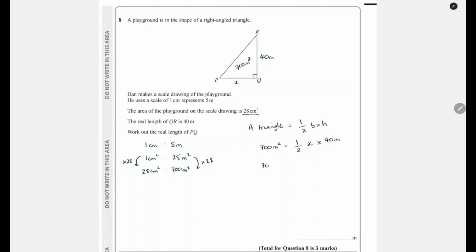So that's 700 is equal to 40 over 2 multiplied by x. That's 700 is equal to 20x. And so x is equal to 700 over 20. So x is equal to 35 meters, and that is the length of PQ.